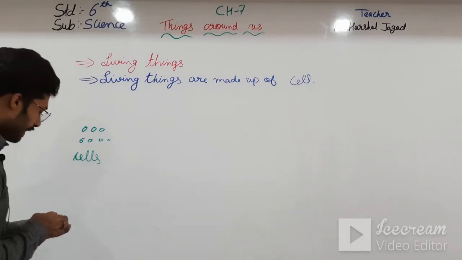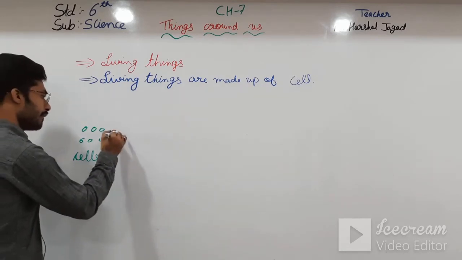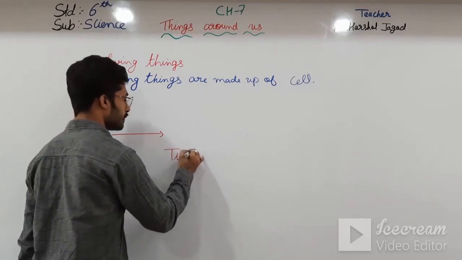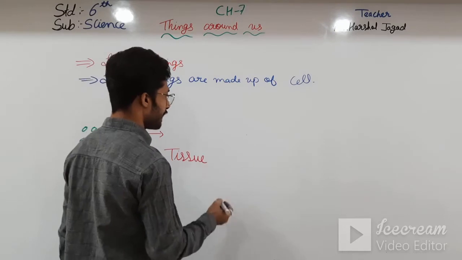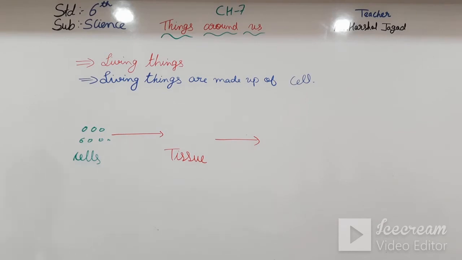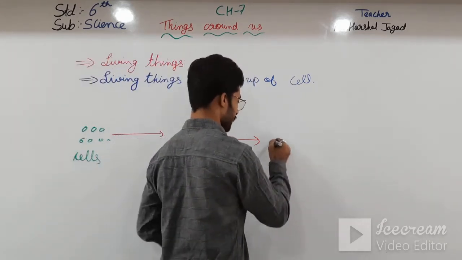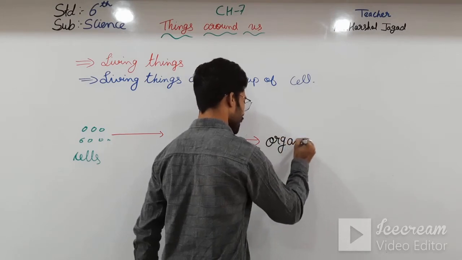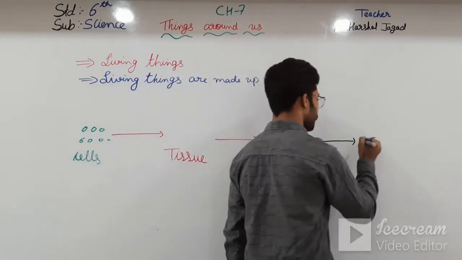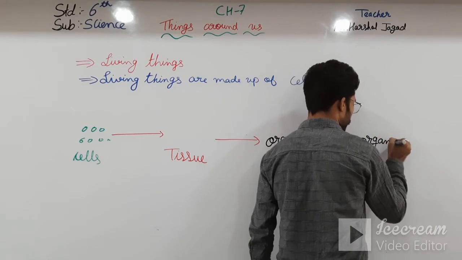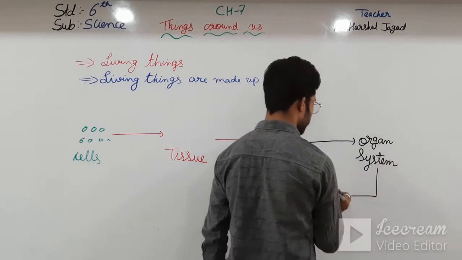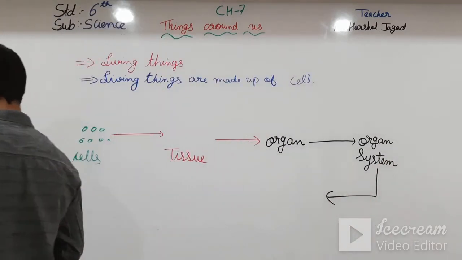When many of these cells combine, they form tissue, and then tissues combine with each other and form an organ, and organs combine with each other and form an organ system, and this organ system forms the organism.